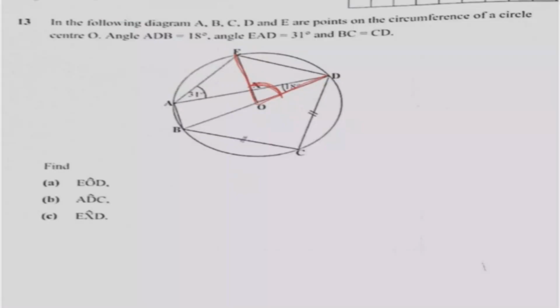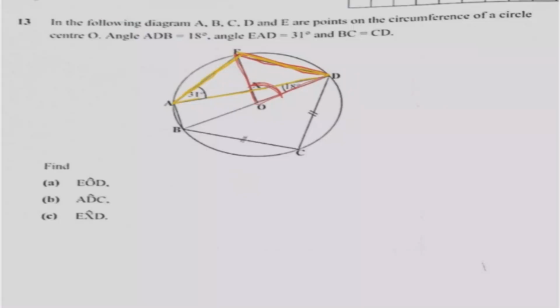When we look at this angle, we can see that it forms a triangle, and the base of this triangle is on the chord ED. This chord has other angles; you can see the other angle formed on the circumference.